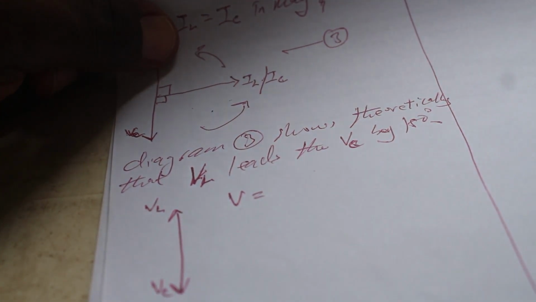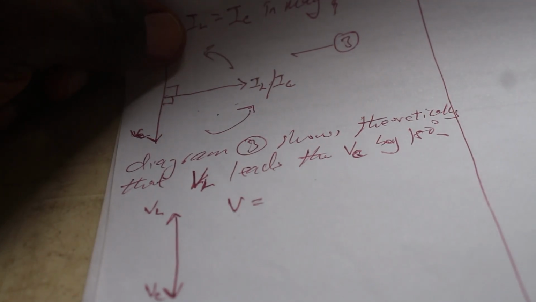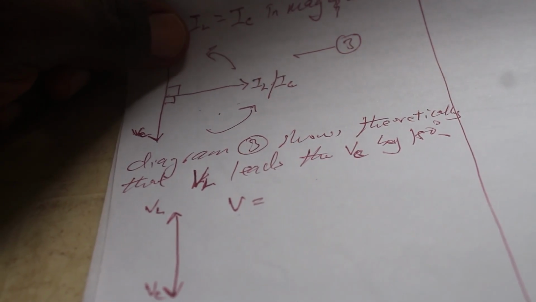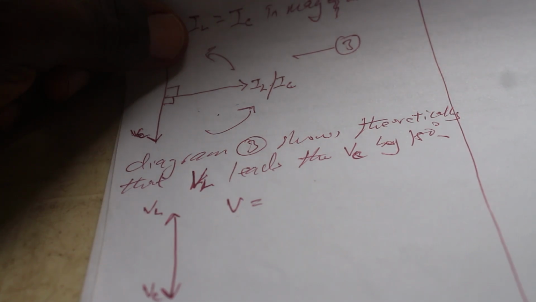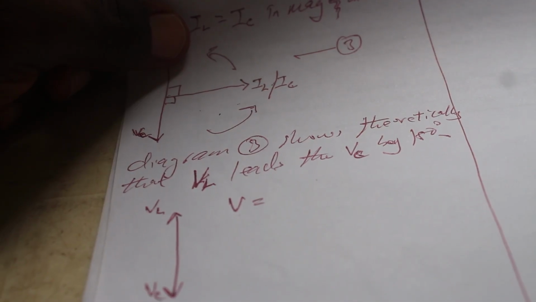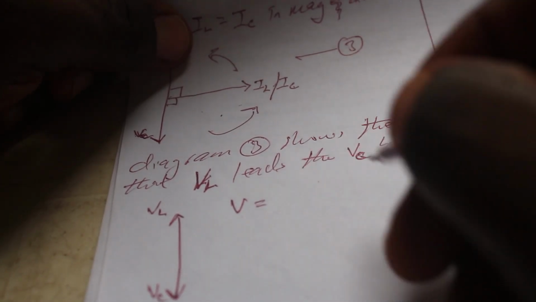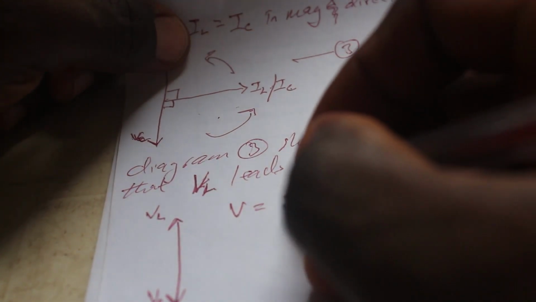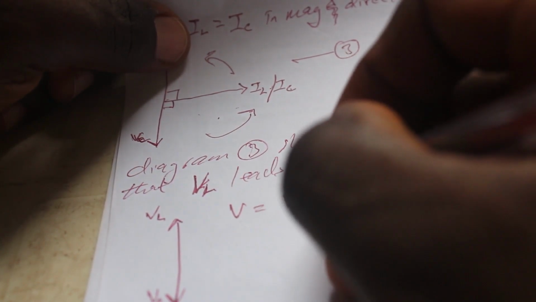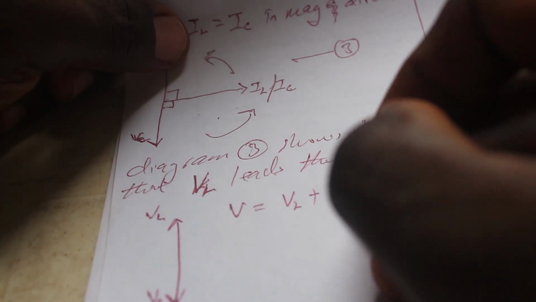The vector addition of two oppositely directed vectors is the sum of the two. So we have VL plus VC.